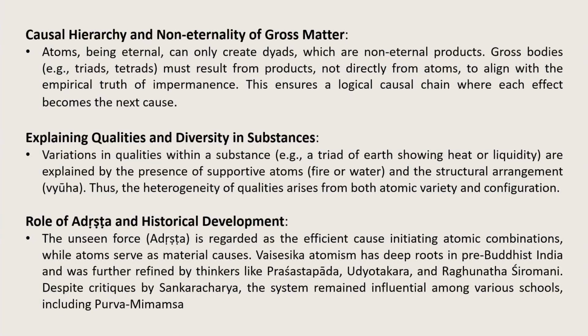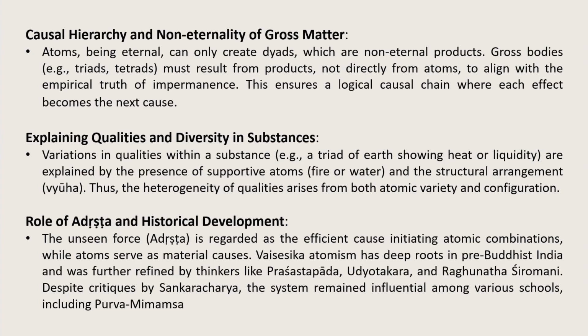Next point is causal hierarchy and non-eternality of gross matter. Atom being eternal can only create dvayads, which are non-eternal products. Gross bodies must result from products, not directly from atoms, to align with the empirical truth of impermanence.